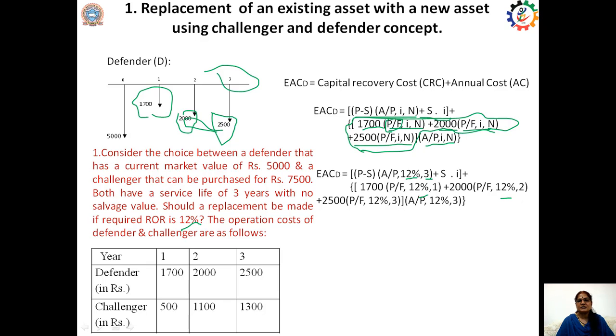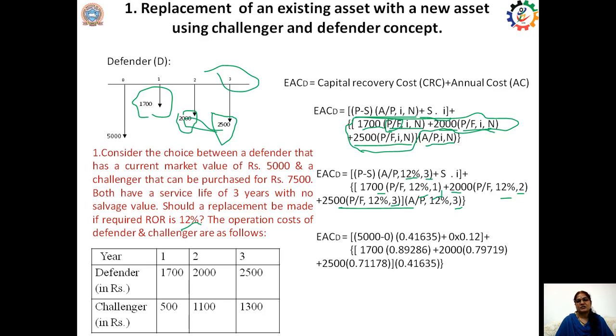Whereas when these individual costs like 1700, 2000 and 2500 are considered, based on when that cash flow occurs, we have to consider n. For example, 1700 occurs in the first year, so n is 1. 2000 occurs in the second year, so 2. 2500 occurs in the third year, so 3. And when you convert this P into annuity, remember once again the complete life of the asset to be considered. So n has to be considered very carefully, logically.